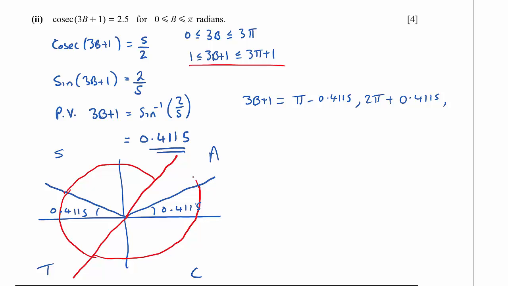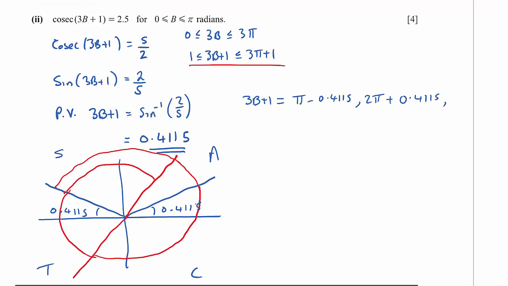And we need to keep going, and we get to here, and that one is at 3 pi, take away 0.4115, and then we stop when we get to here. This is 3 pi plus 1. So we've just got those 3 solutions.